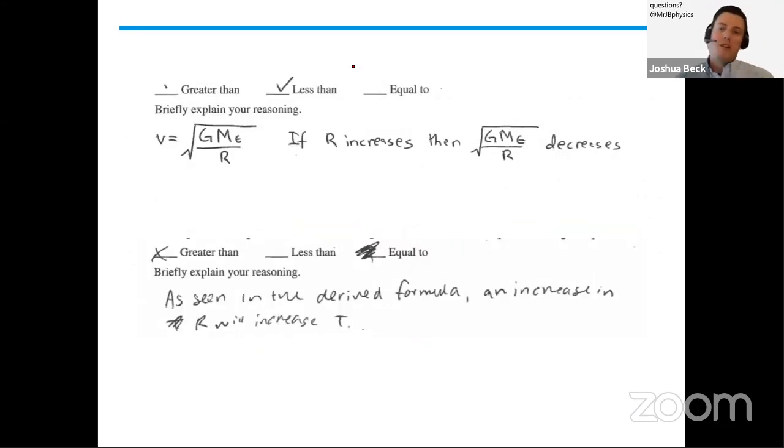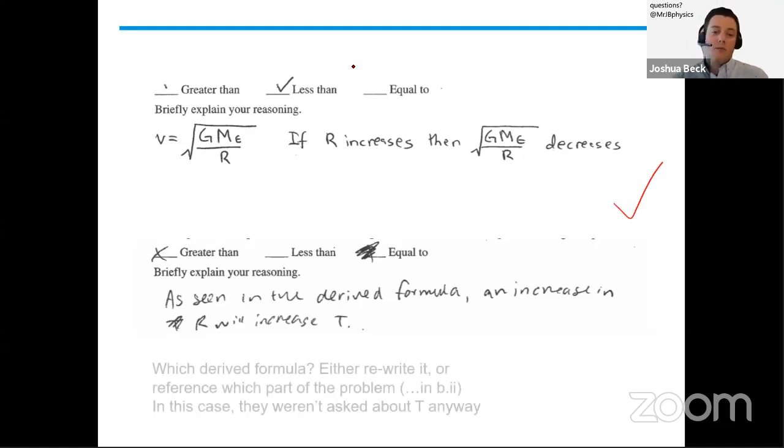Here's 2 other explanations. This top one's great. They've got the relationship between v and r, and they say if r increases, then v will decrease. The next one says, as seen in the derived formula. Well, which formula? So my helpful hint here: if you're going to be referencing other things, be specific.